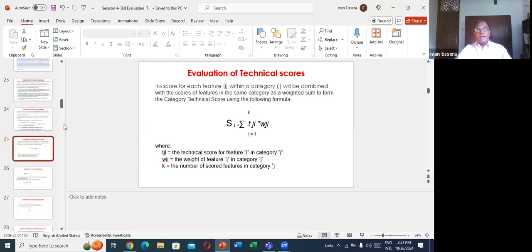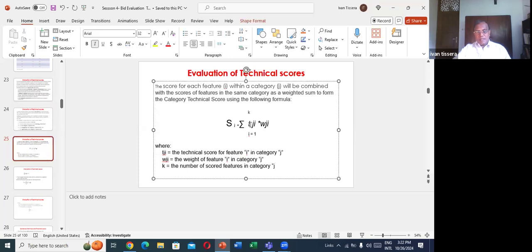Slowly, the technical score: how the score of each feature I within the category J. T_JI, we have to make the T bigger, technical.